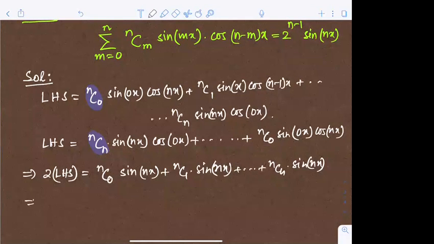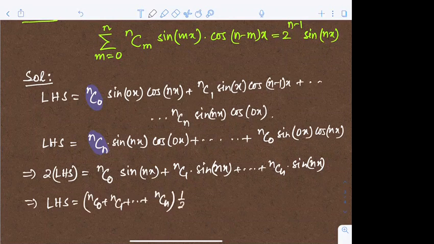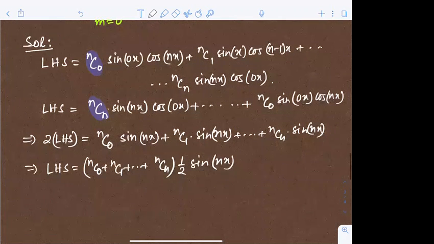So that implies LHS equal to nC0 plus nC1 plus dot dot dot plus nCn into half into sin nx, which is nothing but 2 to the power n, so 2 to the power n minus 1 into sin nx. That is our RHS. So that is the proof.